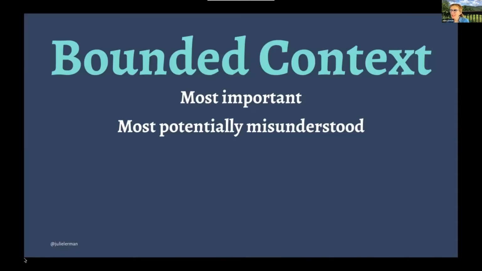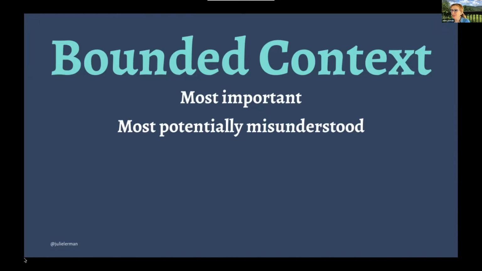So within domain-driven design, where does one start? The most important concept in domain-driven design is called the bounded context. Not only is it the most important, but as Eric Evans himself has said, it is the most potentially misunderstood concept in domain-driven design.